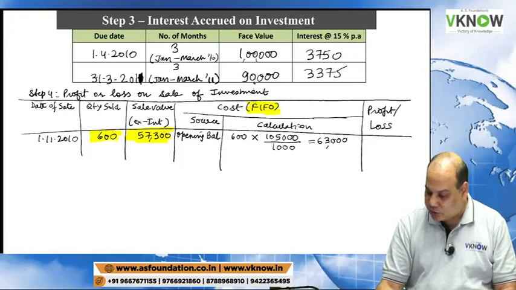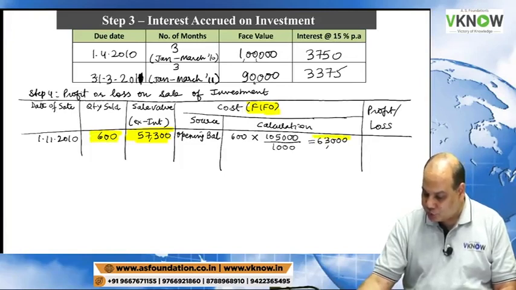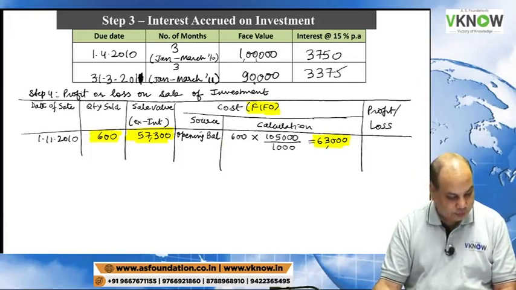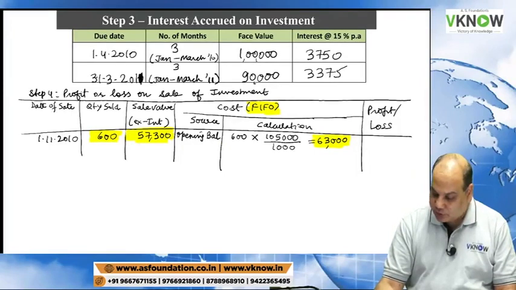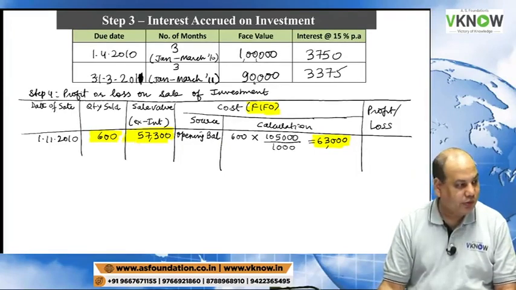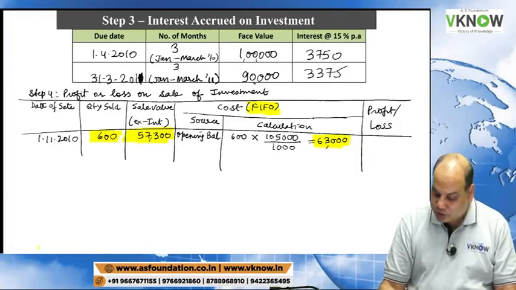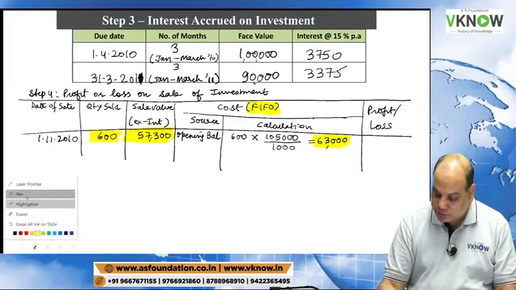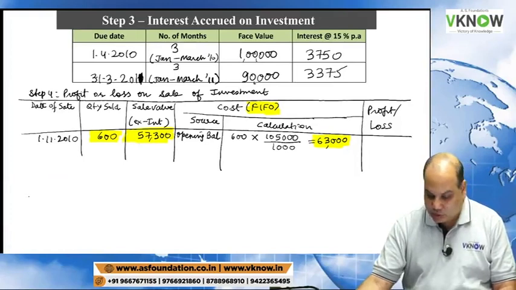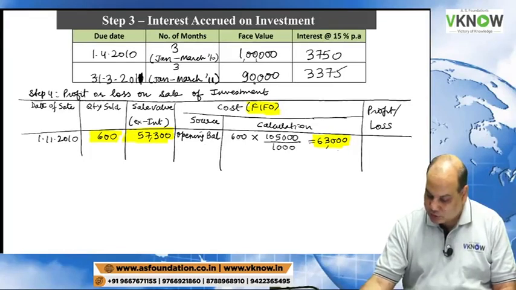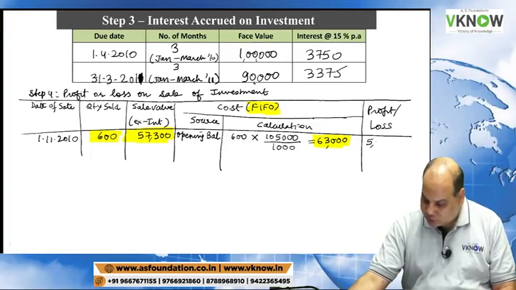This 600 quantity will be first sold out of the opening balance. There is a loss here because sale value is less, cost is more. So the answer is 5700 in bracket, loss.